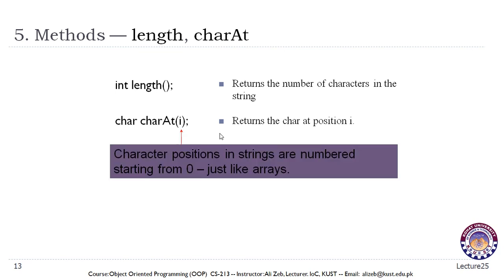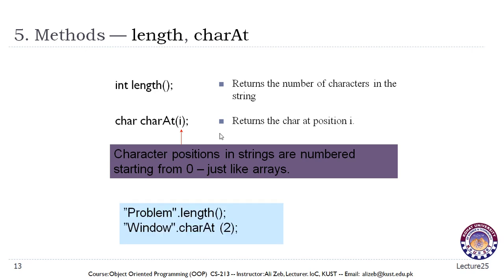Character positions in strings are numbered starting from 0, as we understand, just like arrays. So the length of this string will be 7, and the character at position 2 in this string is n, as we count 0 1 2.